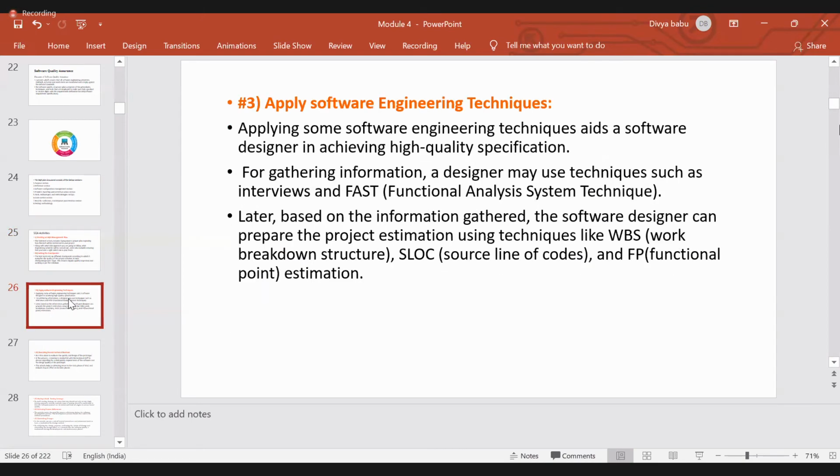And apply some engineering techniques, like FP functional point estimation, source code, so lines of code, how many lines of code are there. So there are different metrics to calculate the project estimates, so that you can prepare. Like that type of techniques you can use. And that is also.